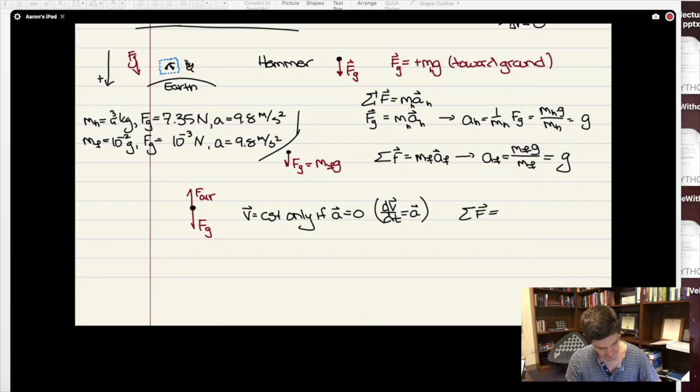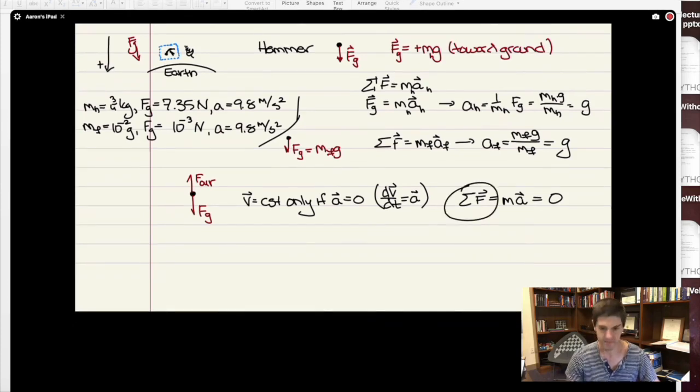But the sum of the forces equals the mass of the feather times the acceleration of the feather. If that is to be 0, that means that this sum must be equal to 0, which only can happen if there's at least 2 forces. I can't just have gravity and have it equal to 0, because that would imply that there's no gravity. So in this case, the air and gravity must be balancing each other in some way.